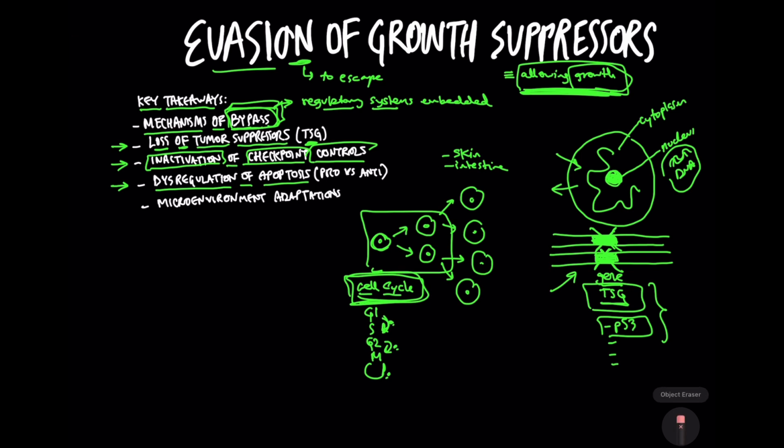You may not have heard that apoptosis is equivalent to programmed cell death. Programmed as in it is not coincidental, it is intended. So intended cell death, and sometimes it is good.